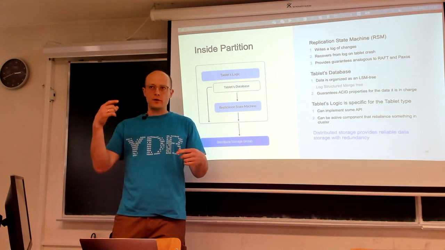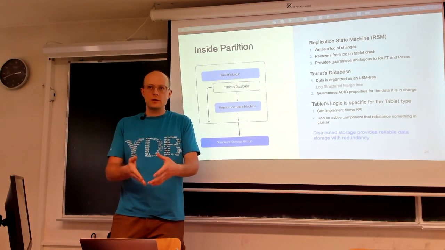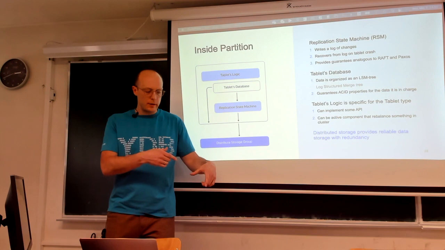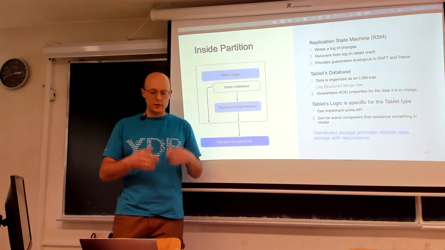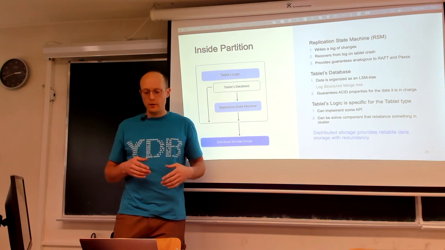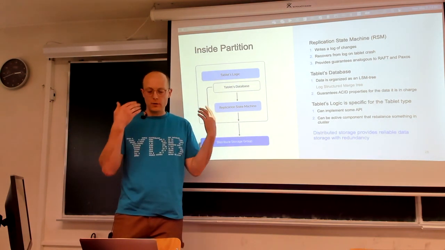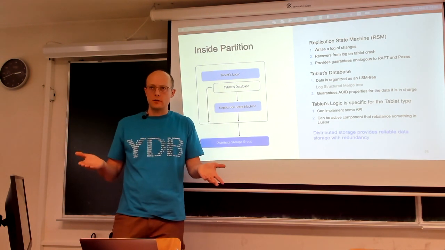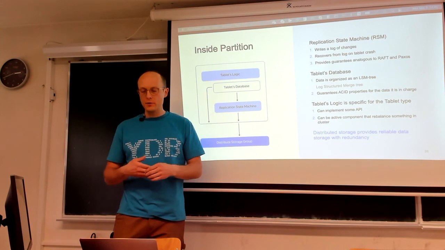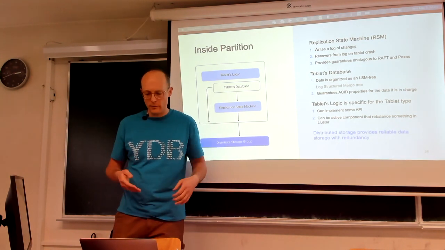So when other generations somehow try to write data to blob storage, it's a distributed system, anything can happen, this previous generation will get a response from blob storage that there is a newer version, please stop acting, and the tablet dies. So it reads all the log from the blob storage, and now it knows what data it stores, where are the blobs it has written before, and now it can answer requests from users.